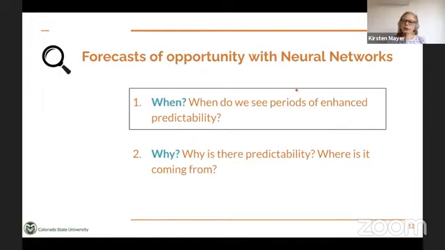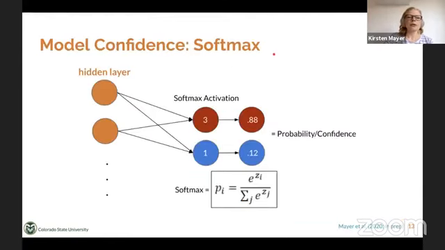So the first question we're going to try to figure out how to answer with a neural network is when. When do we see these periods of enhanced predictability? Well, we use an idea called model confidence, where we use the softmax activation function to convert our output from the neural network into something like a probability, which we call confidence. So the neural network outputs some numbers, some random numbers.